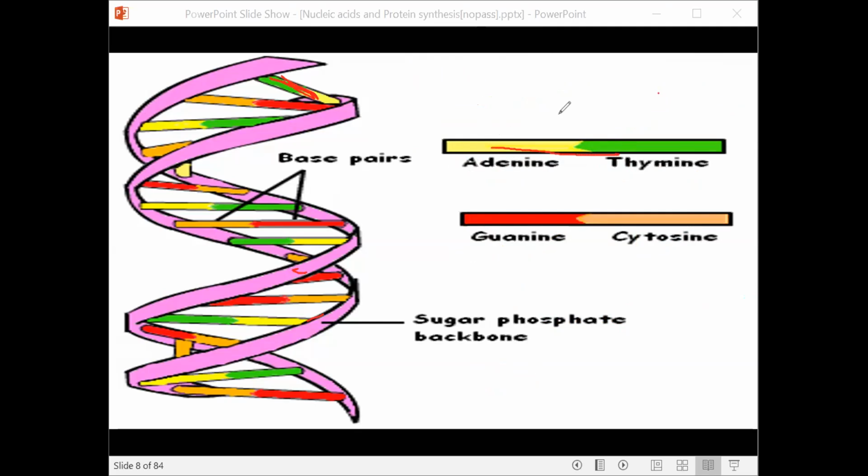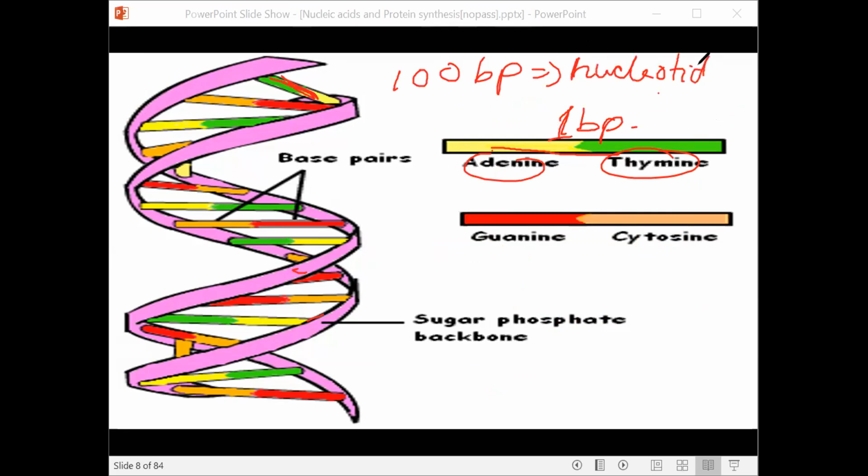Okay, this is one base pair. Now each of these is bound to a nucleotide, attached to it. So if one base pair includes two nitrogen bases, then 100 base pair is equal to how many nucleotides? I see two of you are replying, Khushi and Devangi.